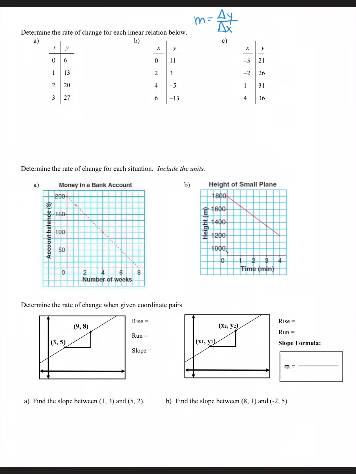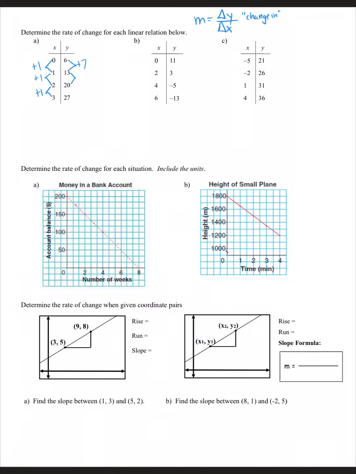So I'm just going to write here again, change in. Okay, so if we look at A and we see, okay, as my x increases by 1 unit, right, each of these are increasing by 1, what's happening to my y value? Well, as x goes from 0 to 1, my y value is going from 6 to 13. So that's increasing by 7.